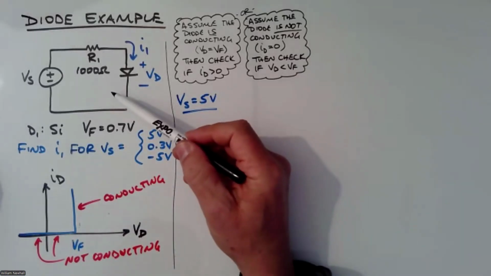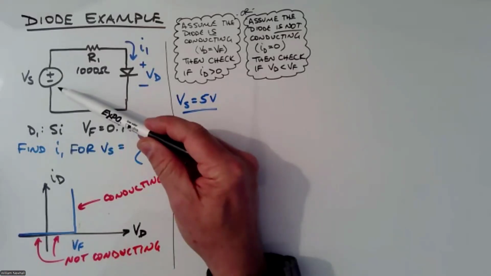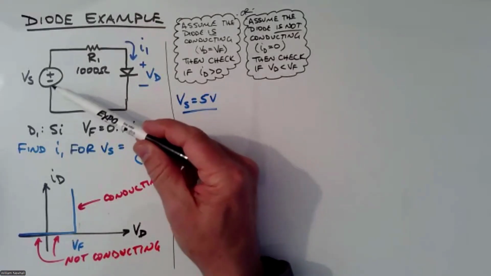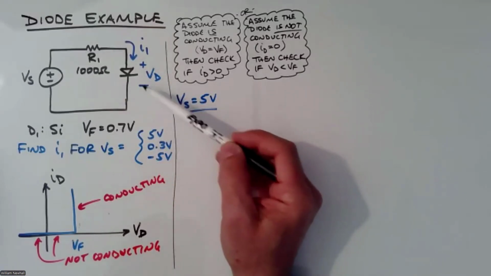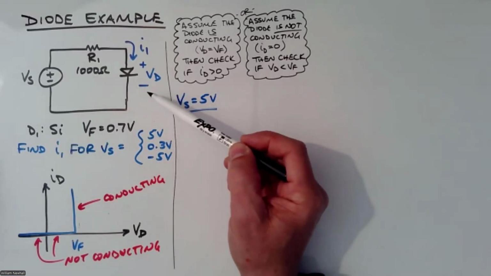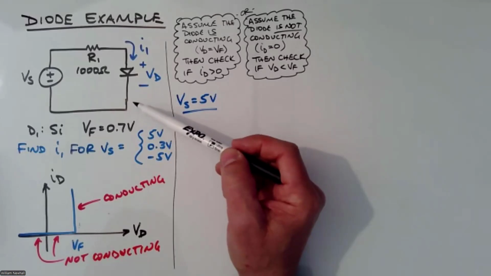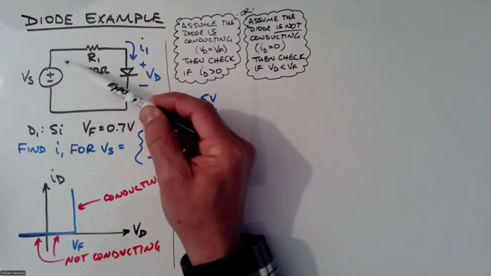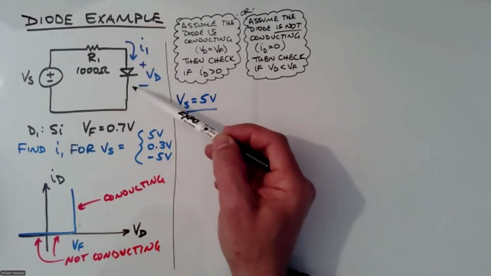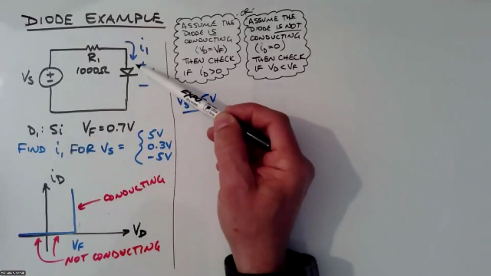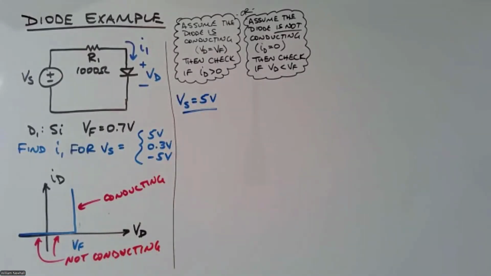When I look at this circuit, if I see that Vs is equal to 5 volts, I think there's going to be some way to have 0.7 volts across this diode. So I think that diode is going to be conducting, right? There's a 5-volt voltage source here, probably some voltage across the resistor, which will let 0.7 volts be across the diode, and I think current is going to flow.